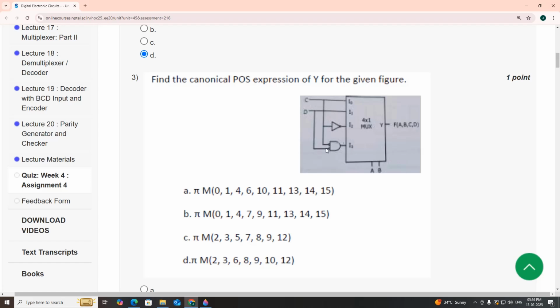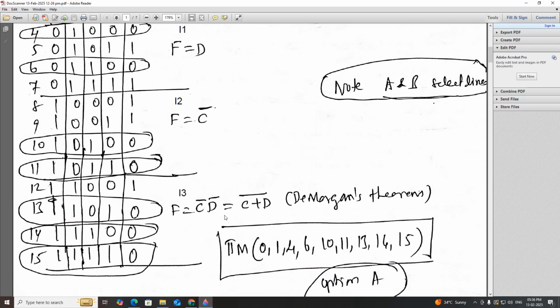So C bar and D bar. The output is C bar D bar. It is an AND gate, but two bubbles are there. So this can be represented as (C plus D) whole bar by De Morgan's theorem. So this is simply nothing but a NOR gate.